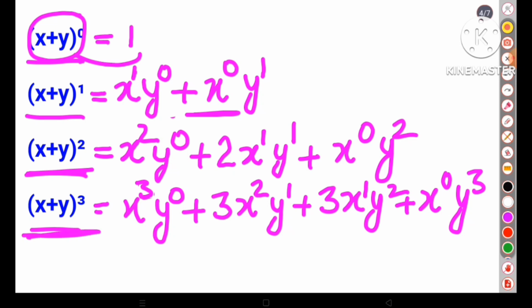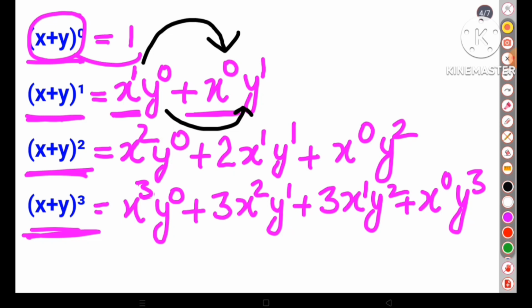Here are some things which we have to observe. In this expression, the power of x is decreasing when we move from left to right, but the power of y is increasing from left to right.